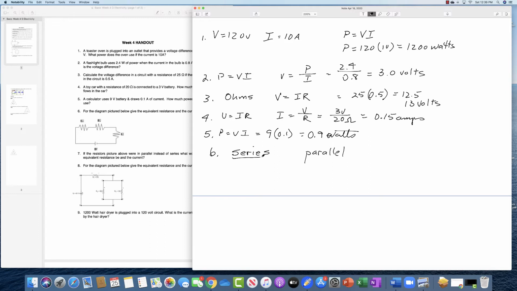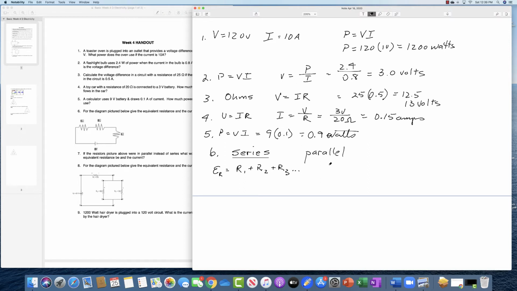So a series circuit is like this. That is, they're lined up and there's only one path that the current can take. And in a series circuit, the equivalent resistance is equal to the resistance of the first resistor plus the resistance of the second resistor plus the resistance of the third resistor, and so forth.